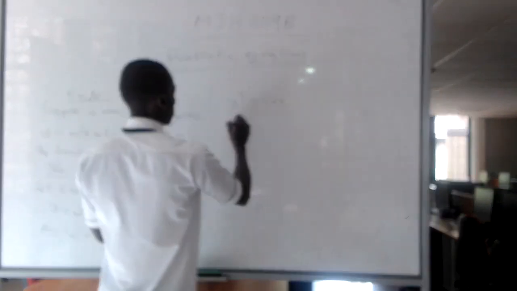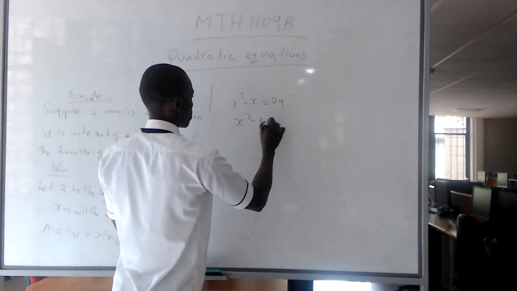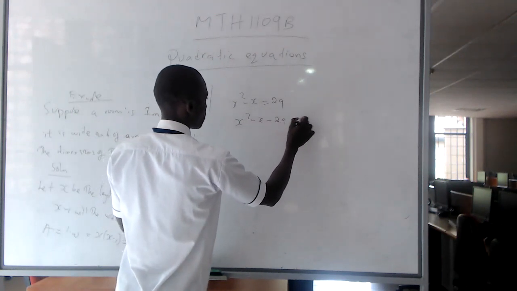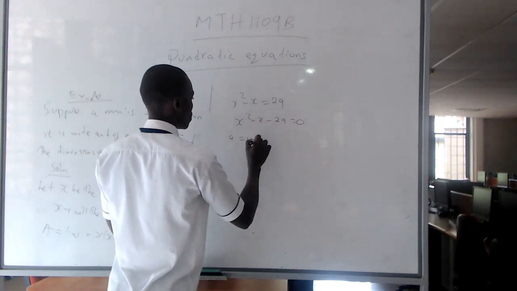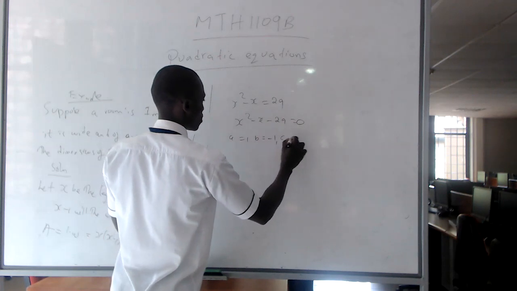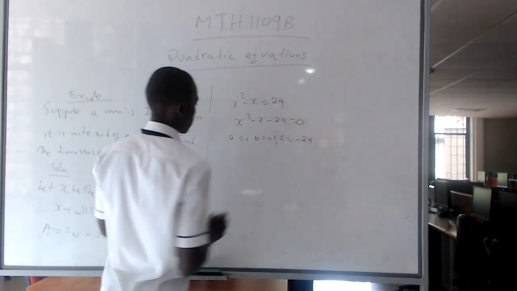Very easy to solve. So write this as x squared minus x minus 29 equals 0. So a is 1, b is minus 1, c is minus 29.